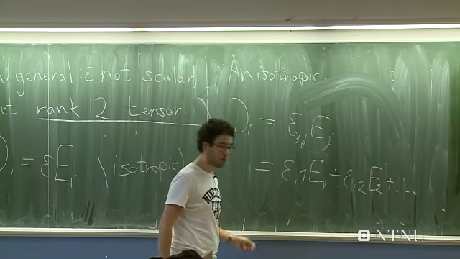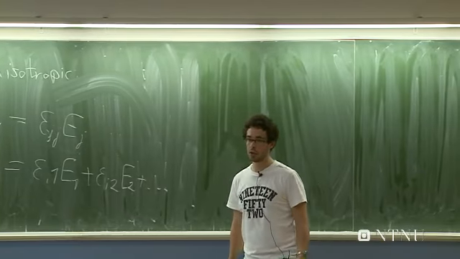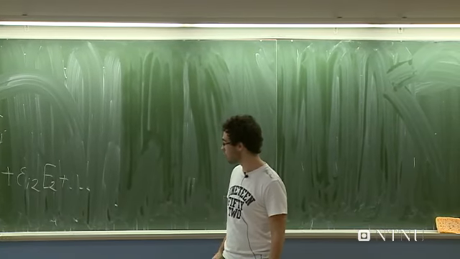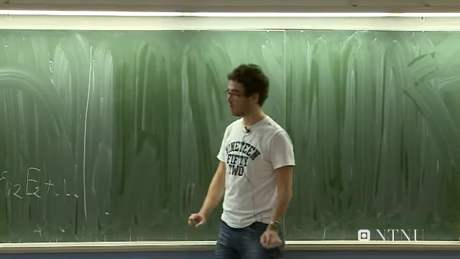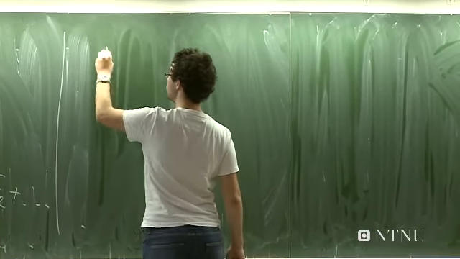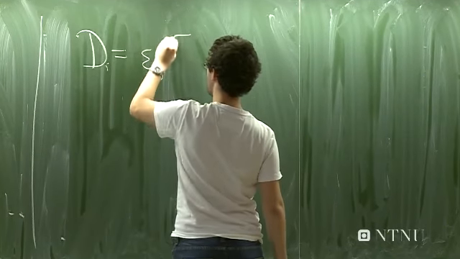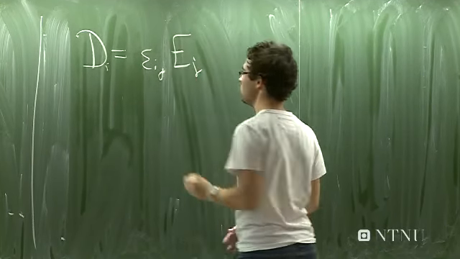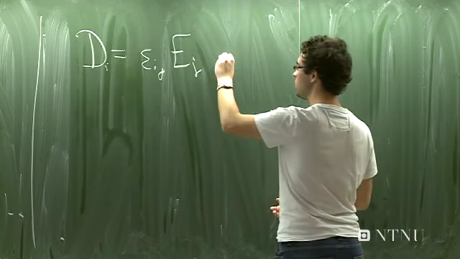If we're going to be even more general, the displacement field can depend on higher order terms of the E field. And I can write this in the following way. So first, it's E to the power 1, essentially.